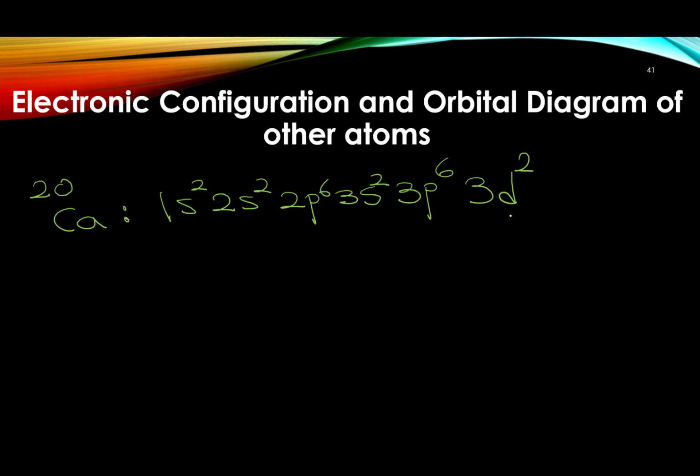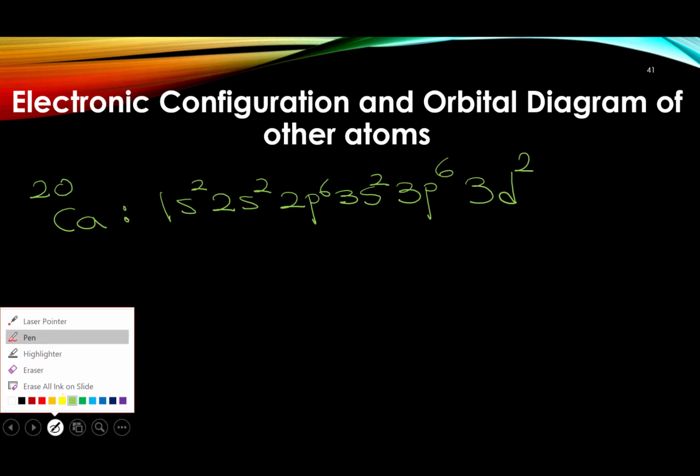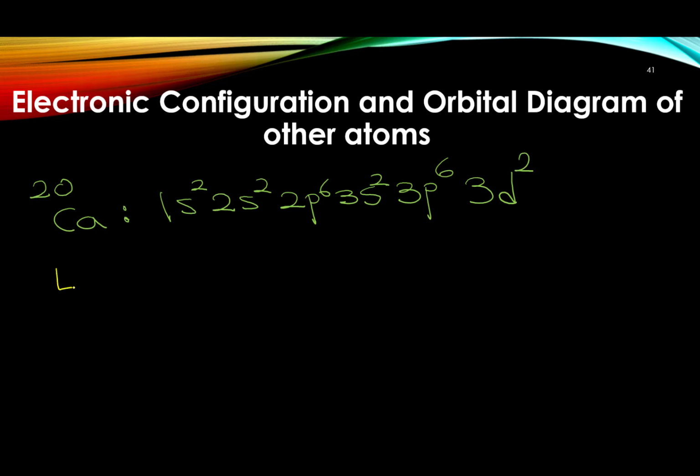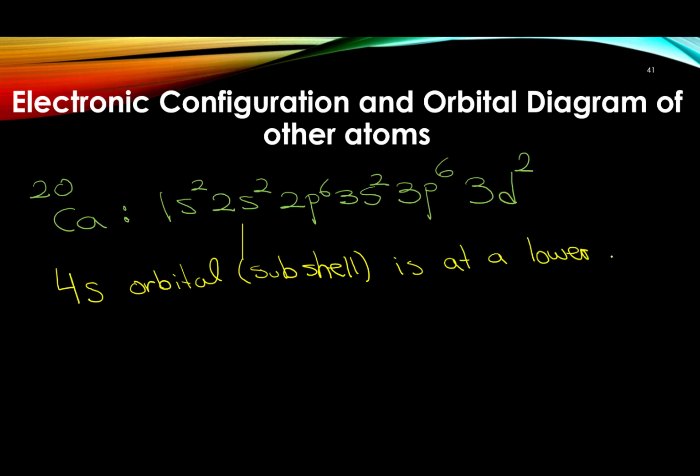And the 4s orbital, or subshell, is at a lower energy level than the 3d subshell.